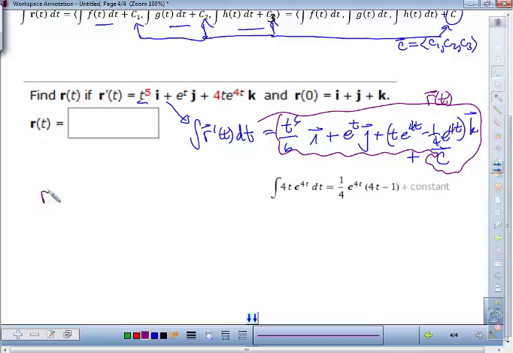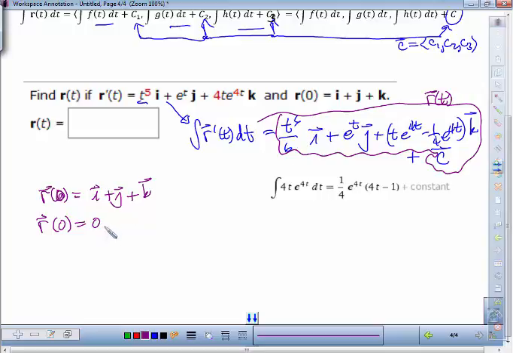So we'll write that down. So we should put r of 0 into our potential vector over here, with 0 in for t, which is going to give us 0.